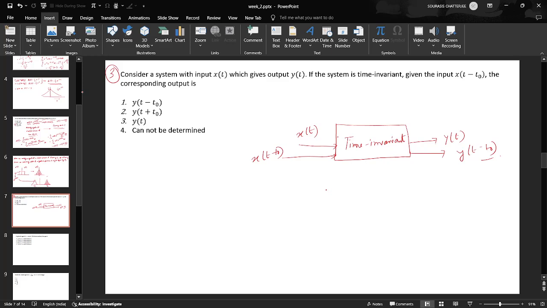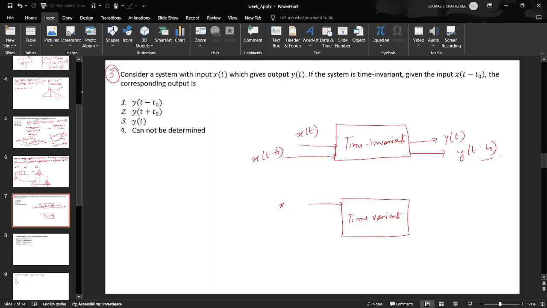So if you feed the delayed version of the input, you will obtain the same delayed version of the output, and that is only possible for a time invariant system. But if the system is time variant, what does that mean?